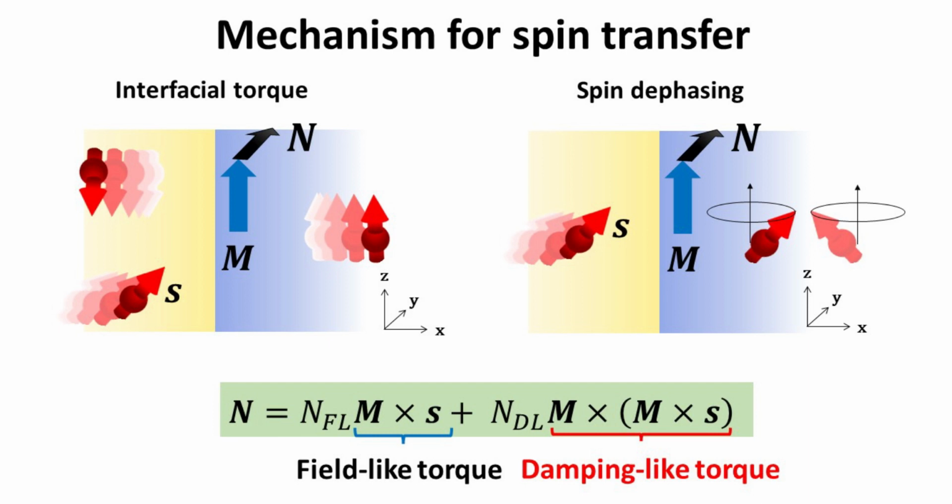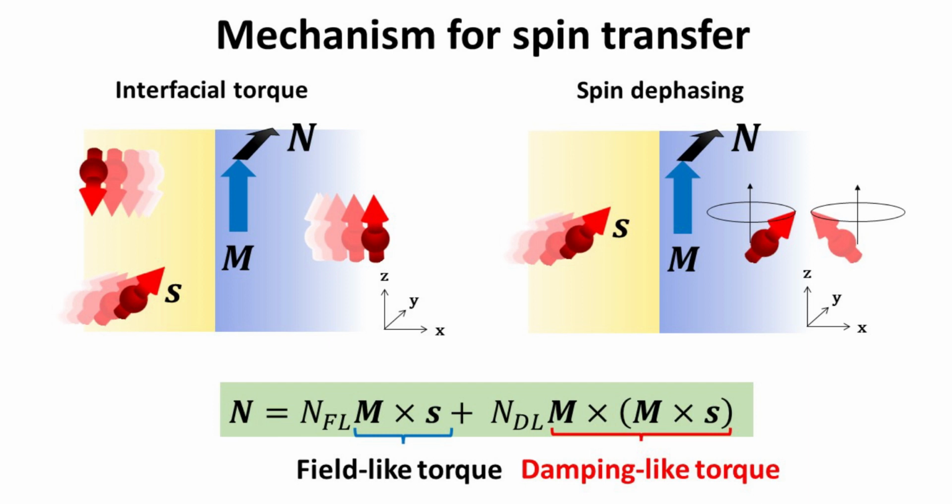The nomenclature is due to the observation that the field-like component tends to cause precession of the magnetization, analogous to the torque due to a magnetic field, while the second component is dissipative, analogous to the torque due to intrinsic damping. Now we understand the origin and shape of spin transfer torque.